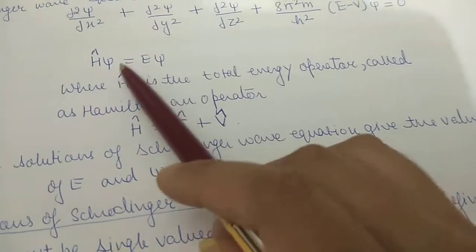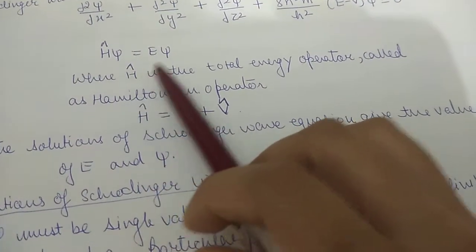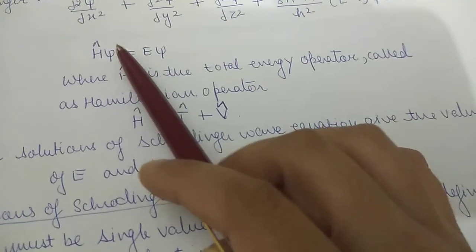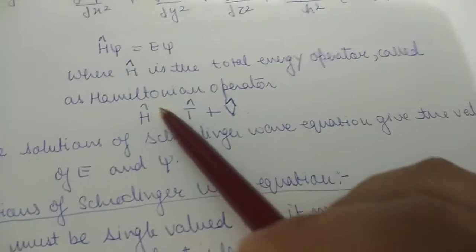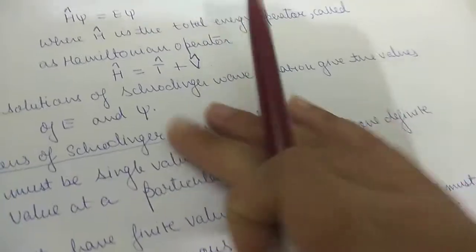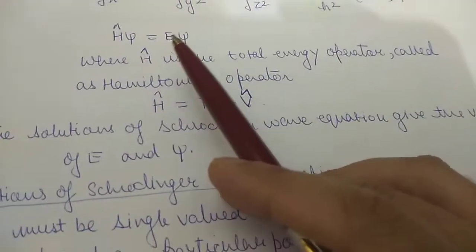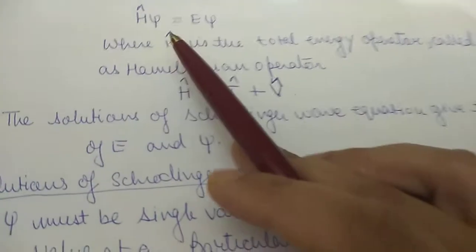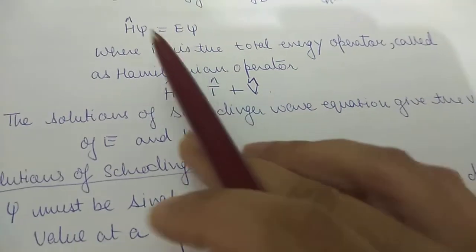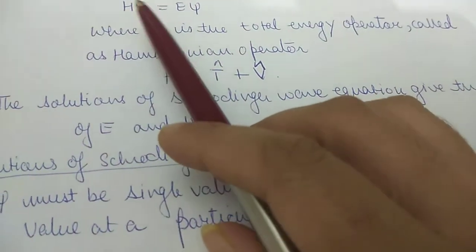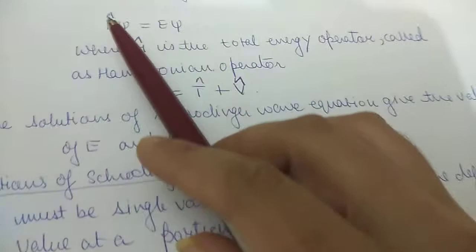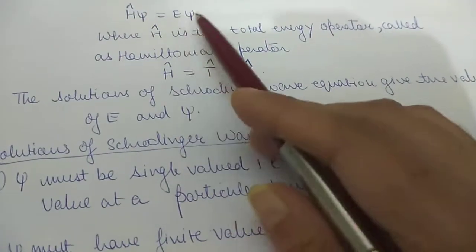This is the operator. Those who are from non-medical background, they will study about operators in their physics class. So Hamiltonian is also an operator H. This is the sign of the operator.